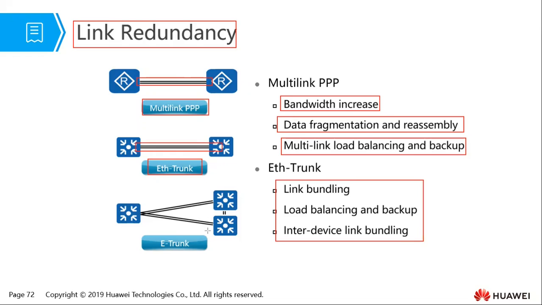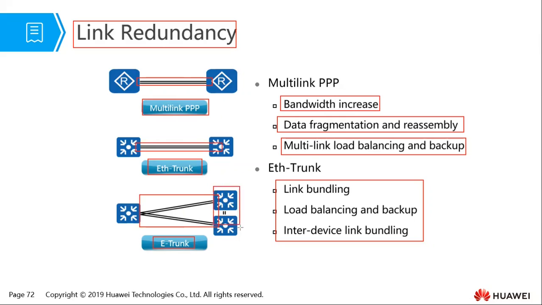One of the other technologies that Huawei provides is what we call eTrunk, which is able to bundle Ethernet links across devices. So you see, here we are bundling this link between two devices, but how then can you bundle across multiple devices so that these four links can act as one, even though they are connecting different devices?